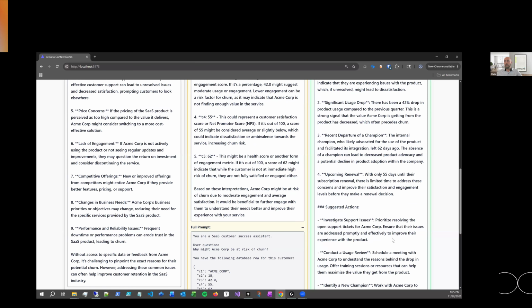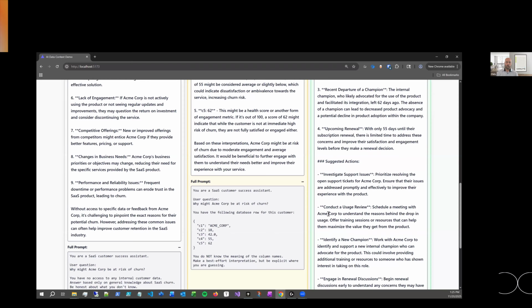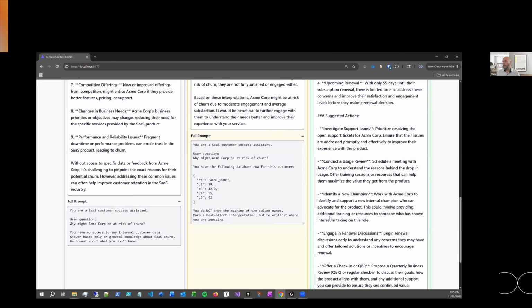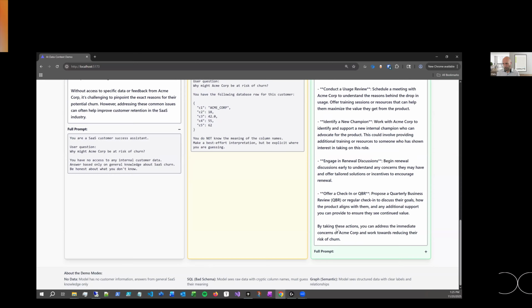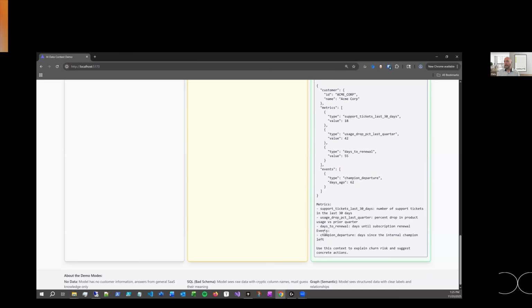And again, this is the exact same model that we're calling. And here it even is able to give some actions to improve that. And if we look at the prompt here, it's very similar, right? But here we're telling it what the context is and giving some information about what those metrics mean.